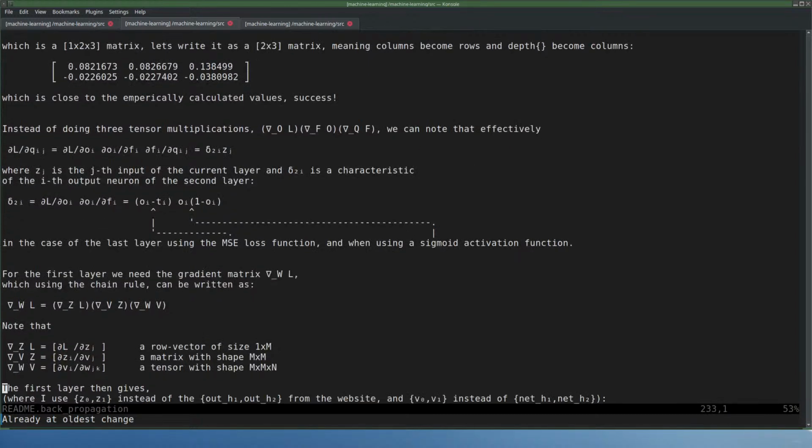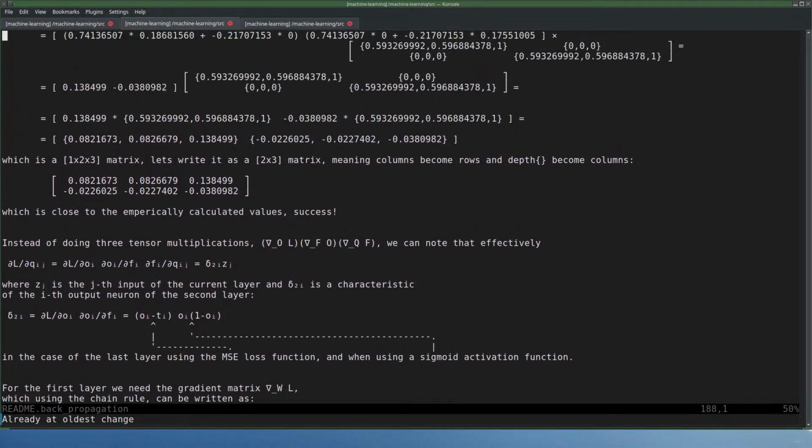I'm looking, I think this is the first time I use delta. So instead of doing 3 tensor multiplications, we can note that effectively that, and now we have no gradients anymore, but matrices with just i and j, so a 2-dimensional matrix at most. And this is then per element. So this is a matrix with i running over the rows and j running over the columns.